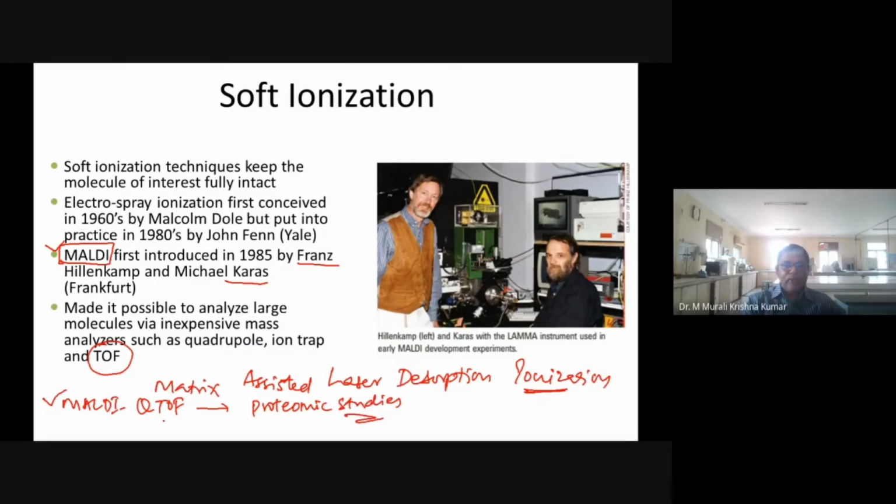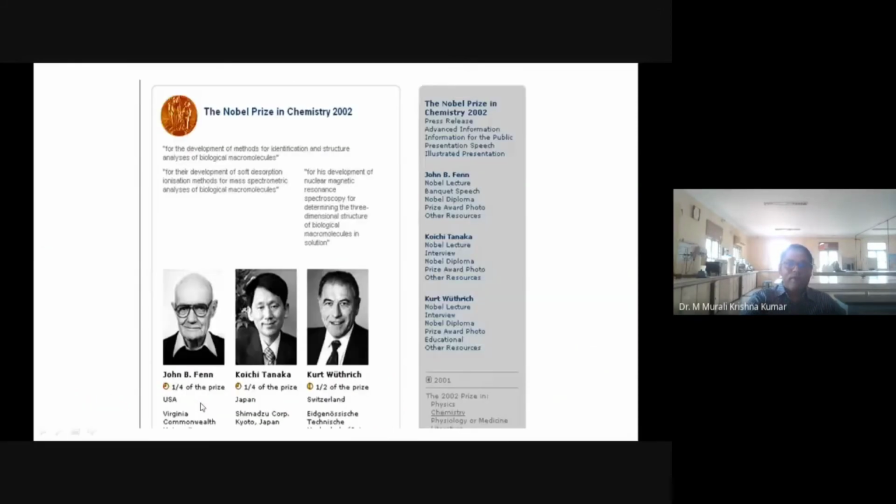MALDI Q-TOF is extensively used right now. Now, how does it happen? Let's see. These are the scientists who got the Nobel Prize for the development of mass spectrometry, especially protein identification.